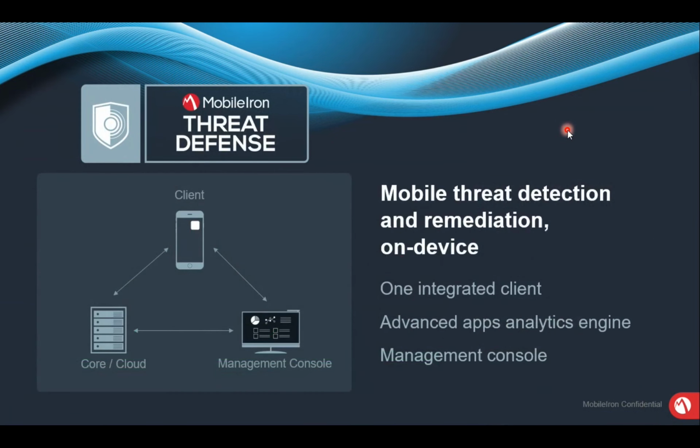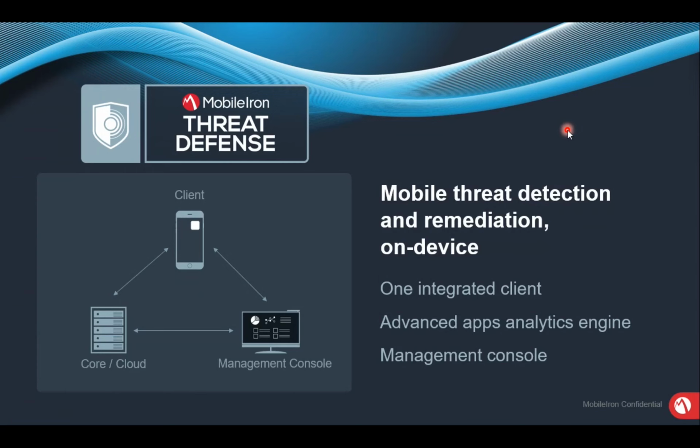Coming to threat defense, MobileIron is the only vendor with threat defense integrated into the same UEM client. MobileIron has integrated with a vendor called Zimperium for this. The attacks can be differentiated into three main categories: application level, network level, and device level.